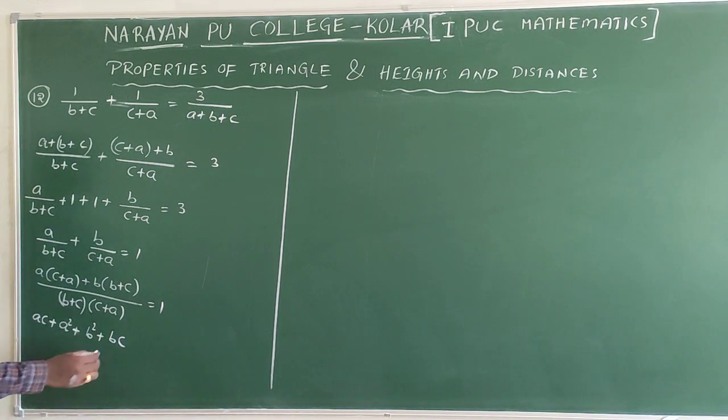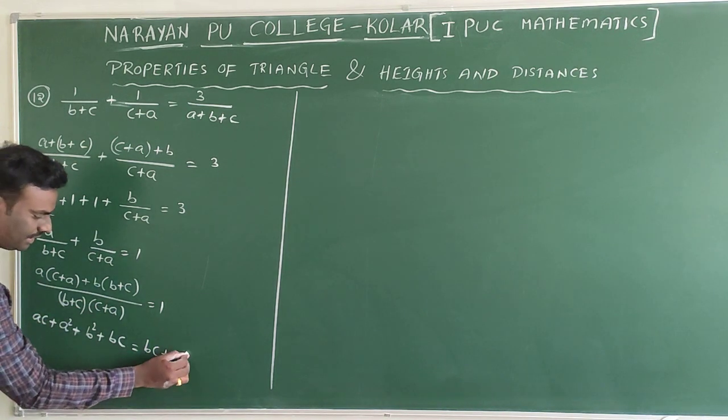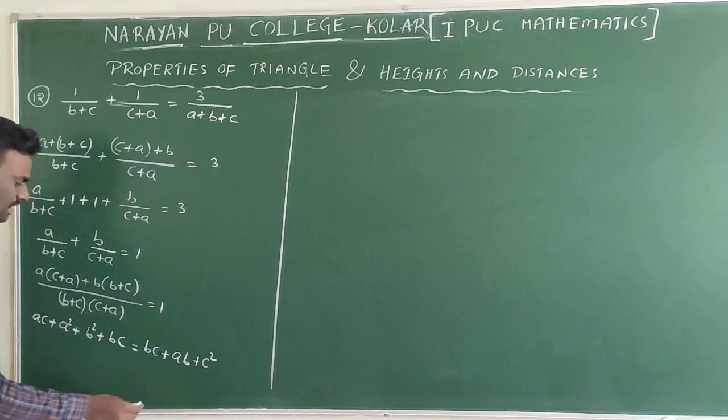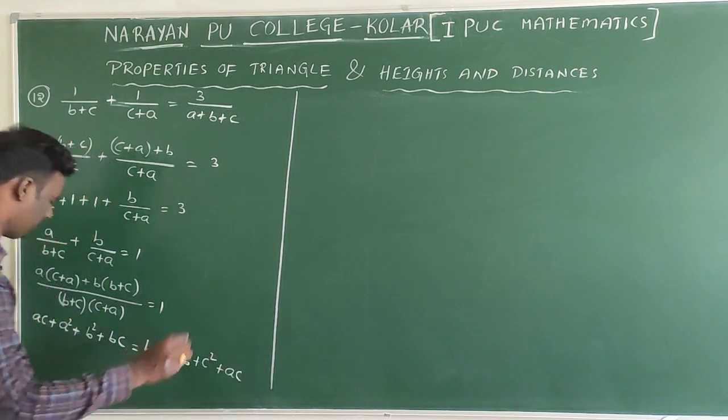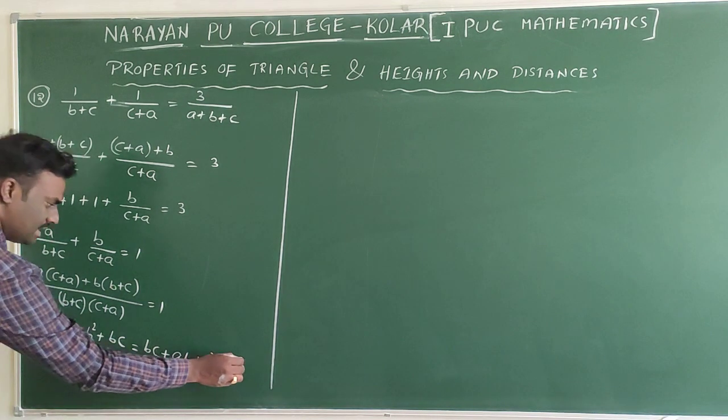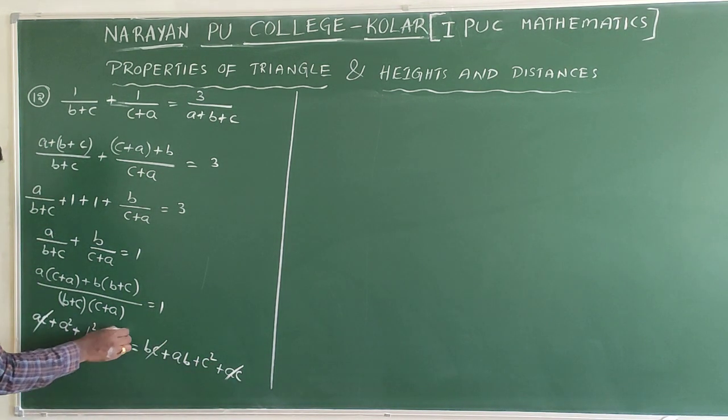That equals to B into C, BC, B into A, AB, C into C, C square, C into A, AC. So from this, AC and AC gets cancelled, BC and BC gets cancelled.